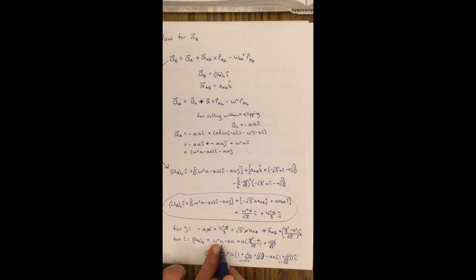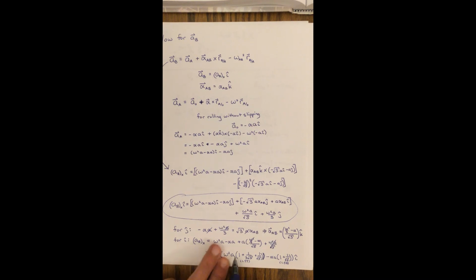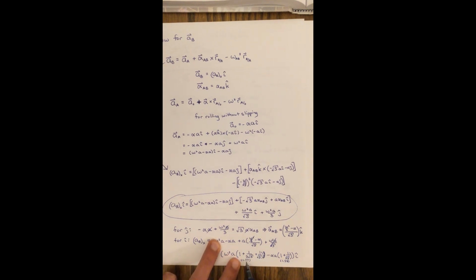We have omega squared times A, that's here. Okay, now we have an omega squared times A here over the square root of 3, so that gives us the 1 over the square root of 3 here. This is omega squared times A divided by 3 divided by the square root of 3, so that gives us this here. And this term in parentheses here is 1.77, so you could write this as omega squared times A times 1.77. Then we have the minus alpha times A plus A times negative alpha divided by the square root of 3.